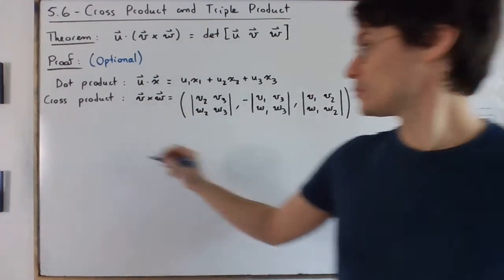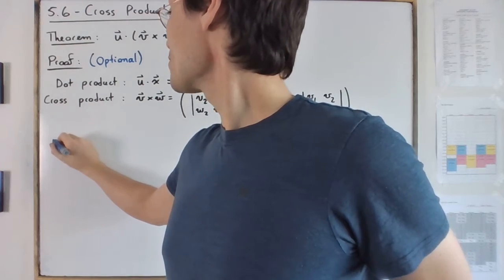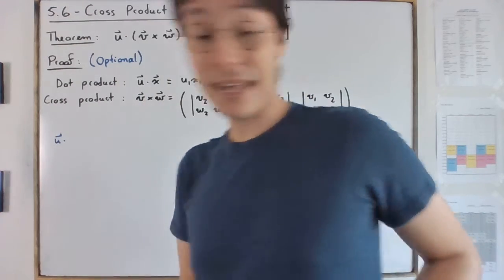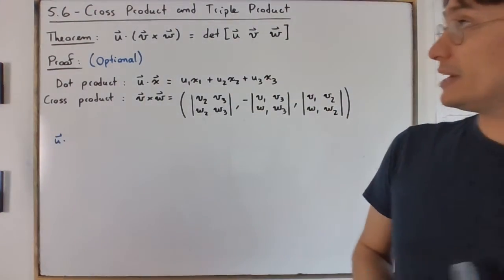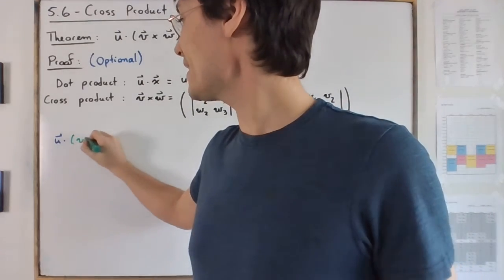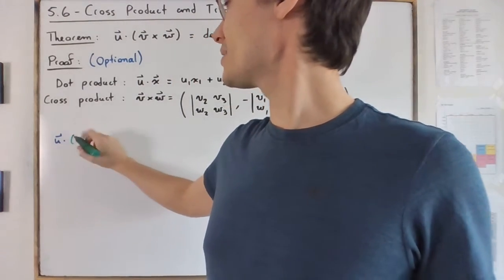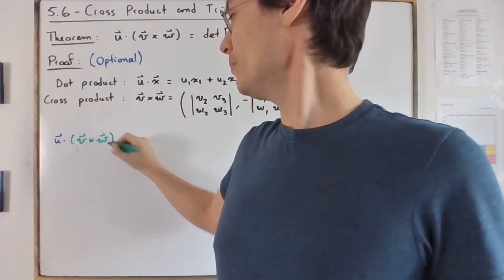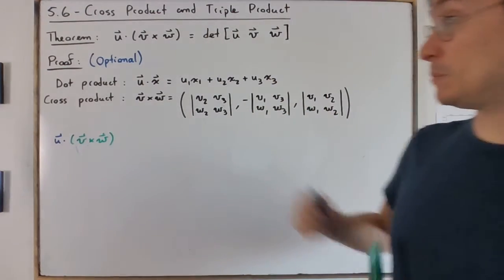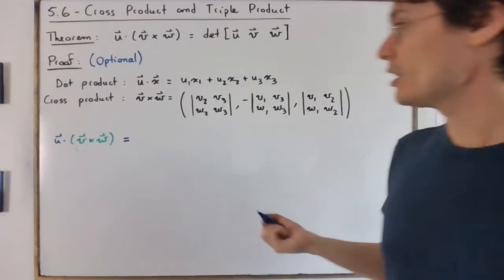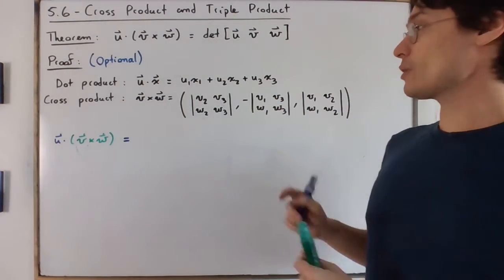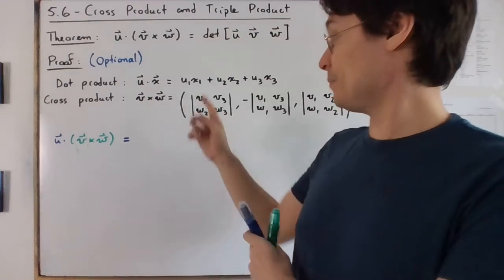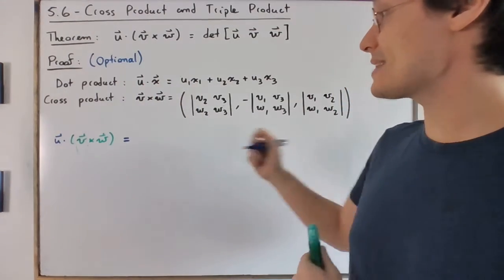So, okay. u dot, and now I will color code it. What we're replacing is v cross w. So how does that work? Well, first of all, let's write this definition.